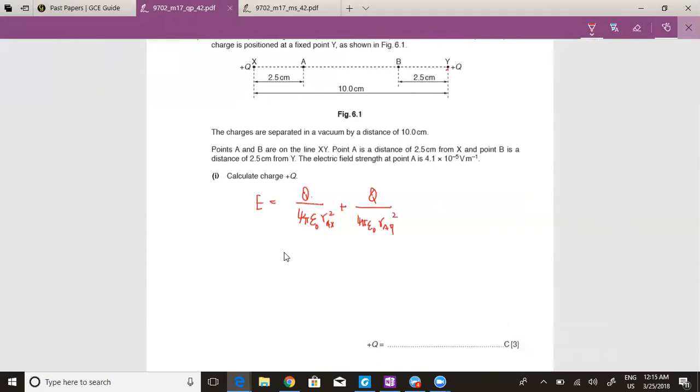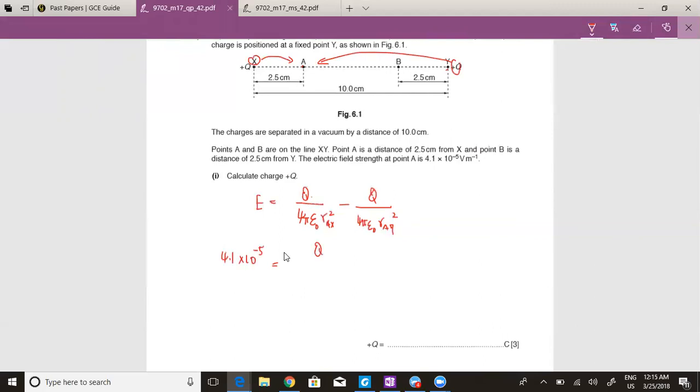And what I'm saying is, some part of the electric field comes from X and some part comes from Y, and you add them together. Actually, no, you subtract them, because of the difference. You have 4.1 into 10 to the power minus 5.